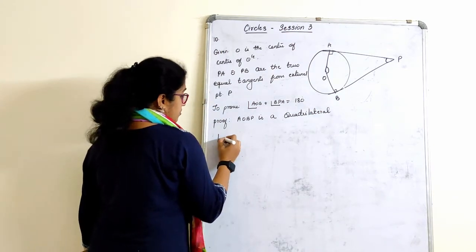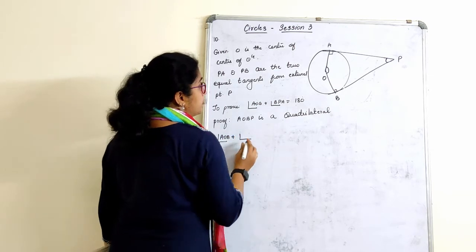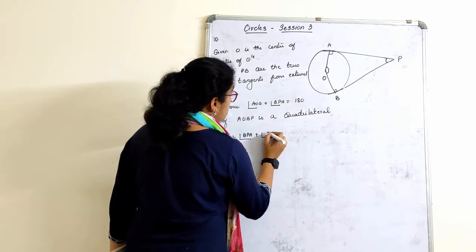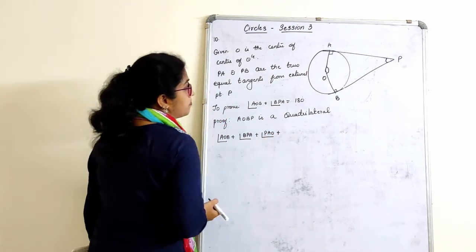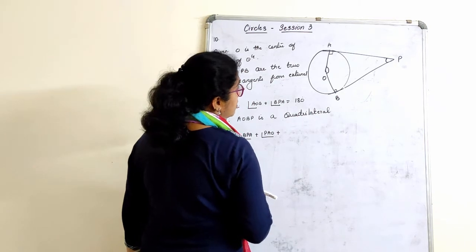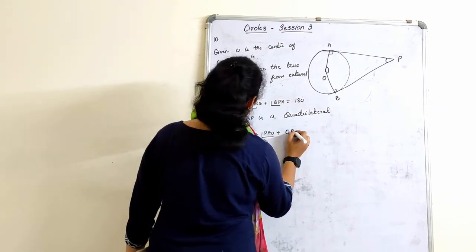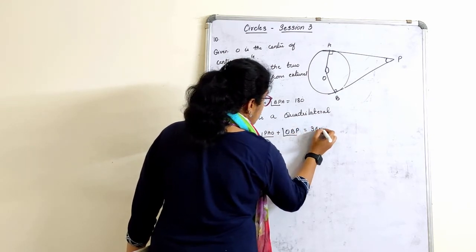So angle AOB plus angle BPA plus angle PAO plus angle OBP is equal to 360.